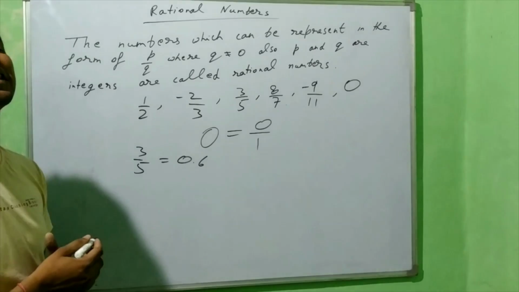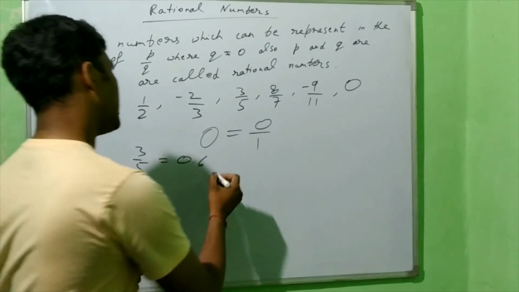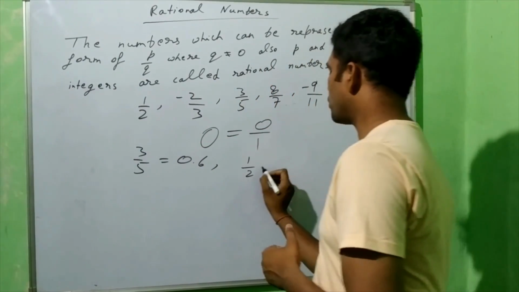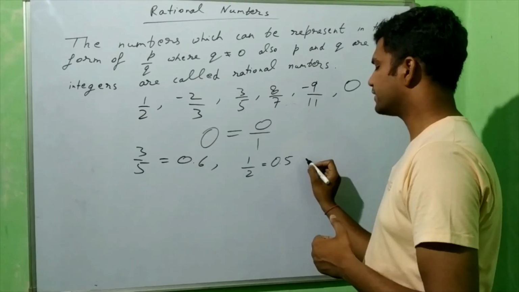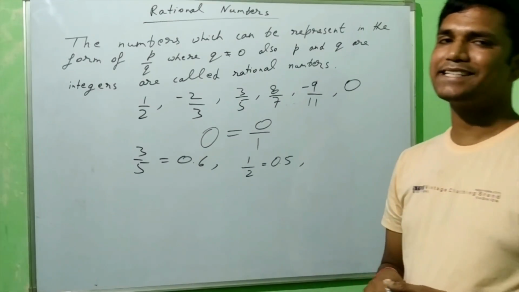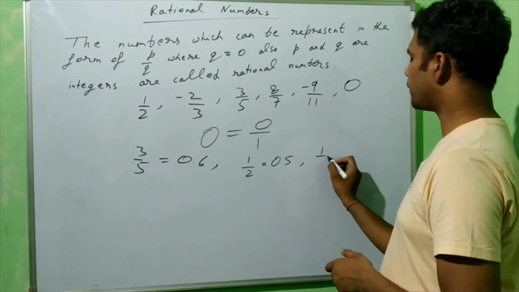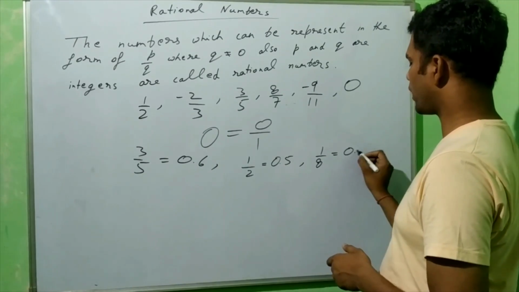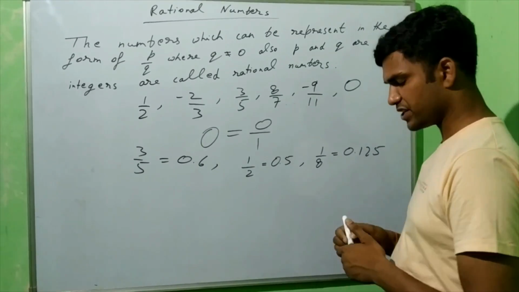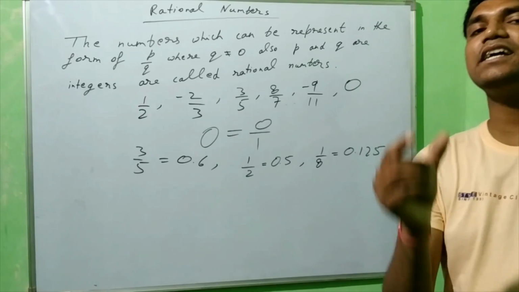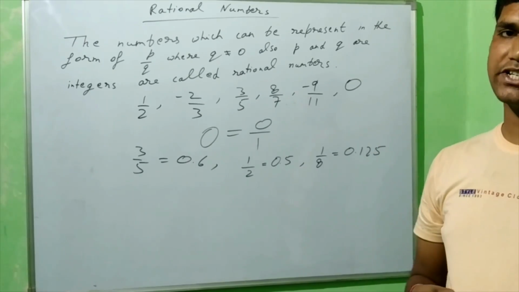It is a terminating decimal representation. And 1 upon 2 is equal to 0.5, also a terminating decimal representation. And 1 upon 8 is equal to 0.125, which is also a terminating decimal representation.